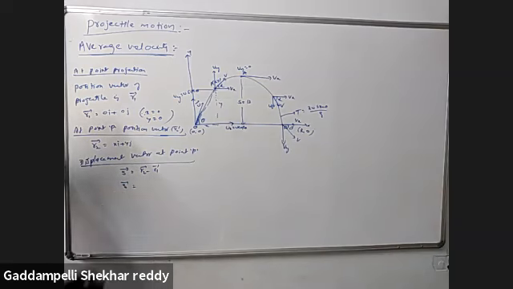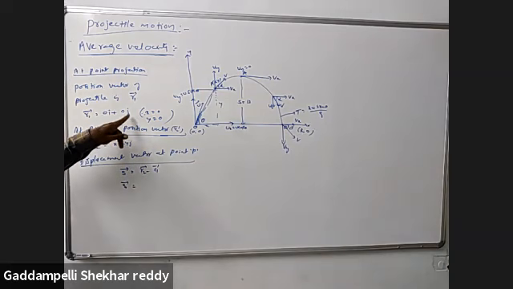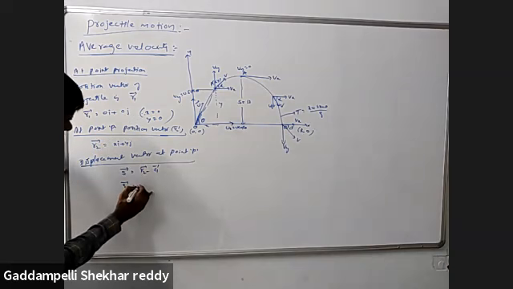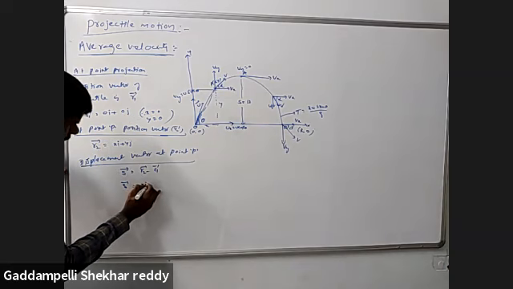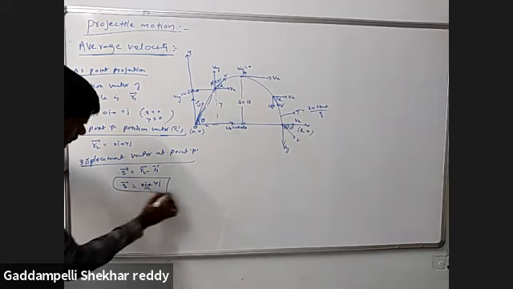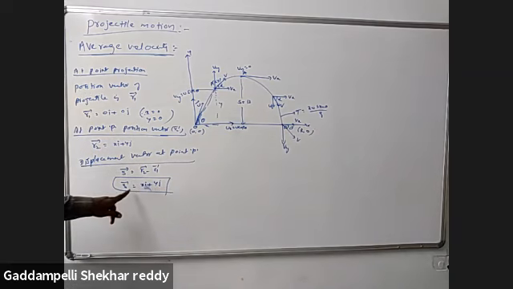Since R1 bar is 0i plus 0j, only xi plus yj remains. At point P, the displacement vector is xi plus yj.